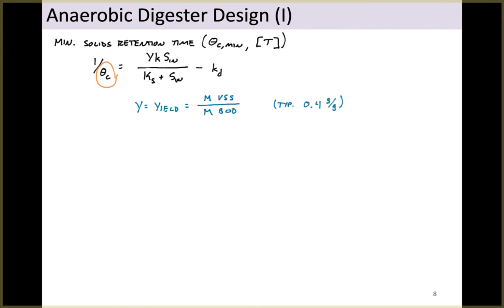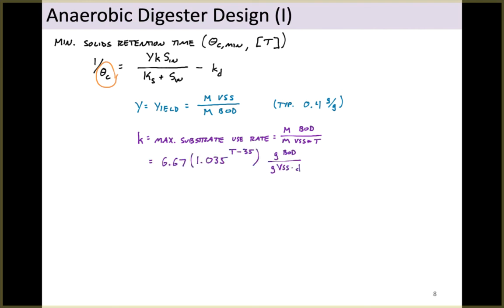And a typical value there might be 0.4 grams per gram. That lowercase k in the numerator up top, that is the maximum rate that the substrate could be consumed, and that is in mass of BOD per mass of volatile suspended solids per time. That's that capital T on the bottom.